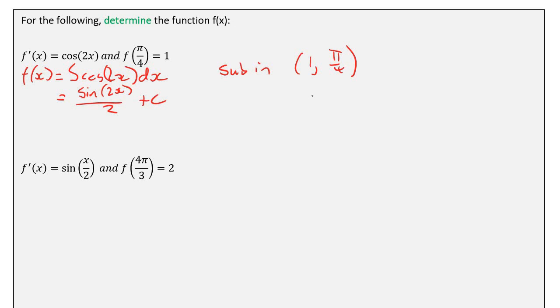Okay, so pi on 4 equals sine of 2. Wait, hold up. I did that back to front, didn't I? Pi on 4 comma 1.